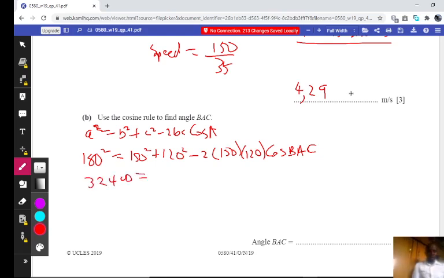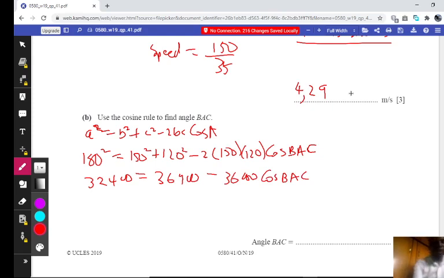Then 150 squared plus 120 squared is equal to 36,900. Minus, then 2 times 150 times 120 is 36,000 cos BAC.